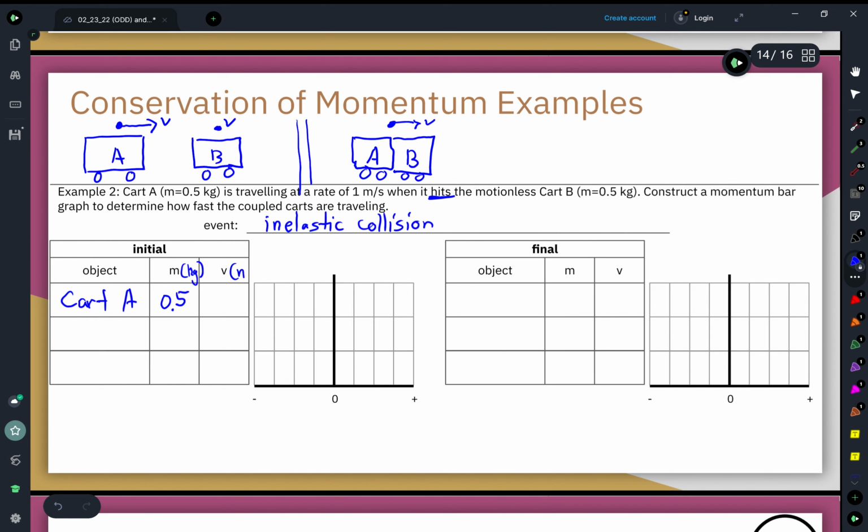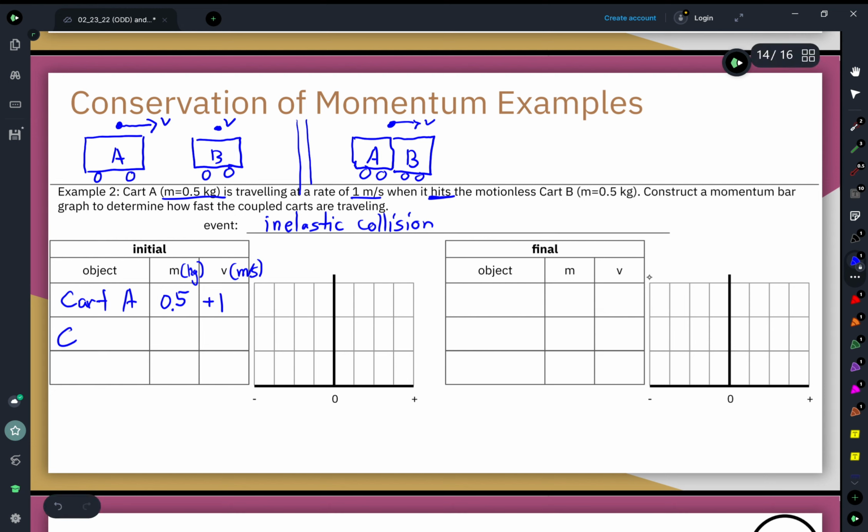And then the velocities should all be in meters per second. It is traveling at that rate of 1 meter per second for its velocity. And because I'm showing in my diagram at the top of this page that it's traveling to the right, I'm going to say that that is going to be a positive velocity, positive plus 1.